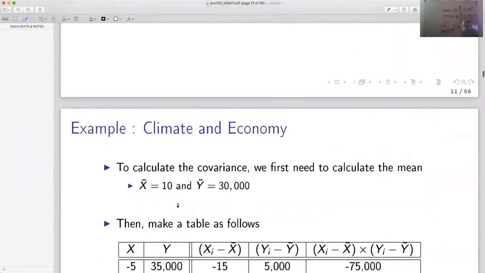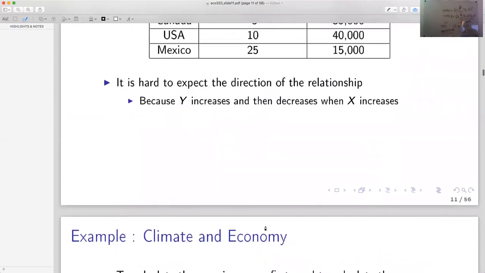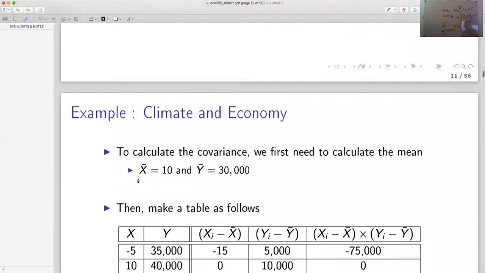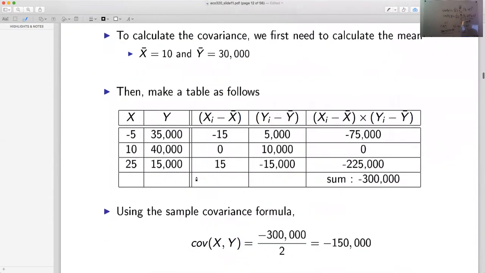The average was 10. Why? Because you add everything: negative 5 plus 10 plus 25, divided by 3, is 10. This is basically adding everything and dividing by 3. So this was x bar and y bar. Just in case you're still confused about finding the average, go back to chapter 3, okay?